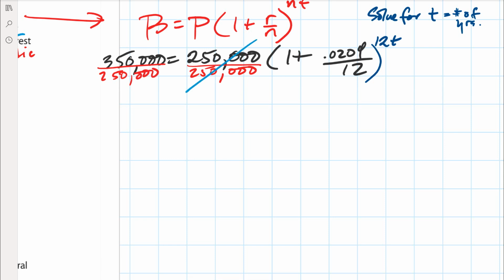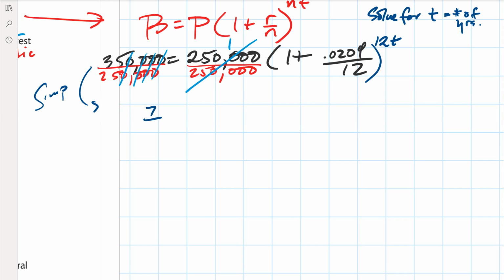And then simplify a little bit. Anything divided by itself is 1, okay? And then over here on the left, cancel out the leading zeros. 1, 2, 3, 4. Actually, 4 leading zeros. And you get 35/25. And they're both divisible by 5. So if you simplify, divide both by 5, you get 7/5.